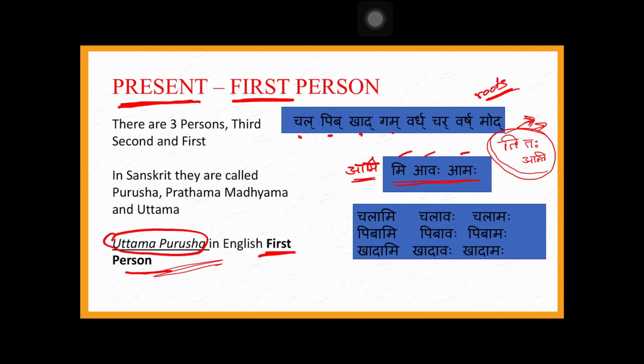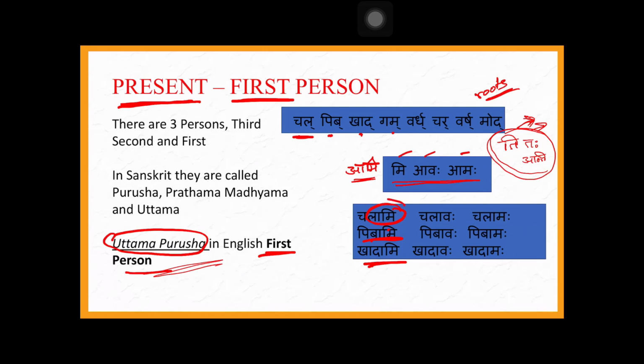For your understanding purpose, let us take. See, chala is there. It's a root. When you add mi or ami to chala root, then what will happen? Chalami, right? Chala ami, chalami. The same way, pib ami, pibami. The same way, khad ami, khadami.